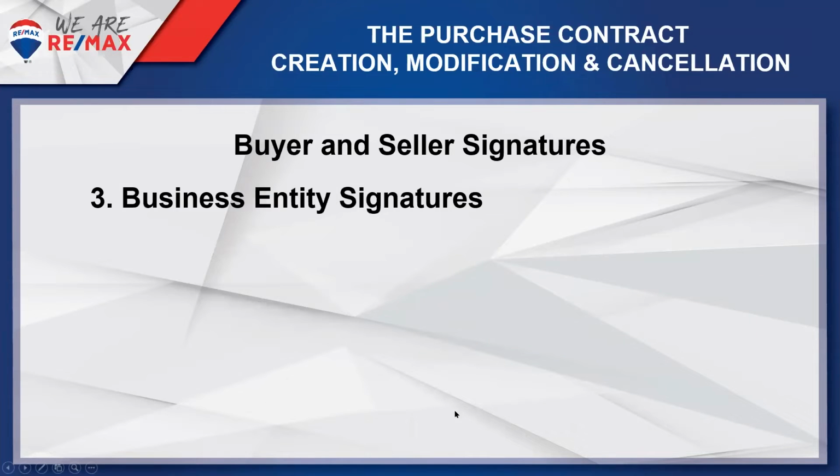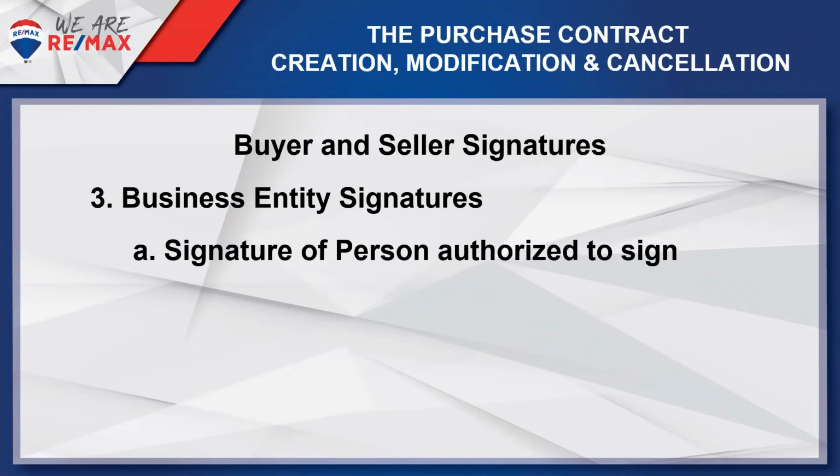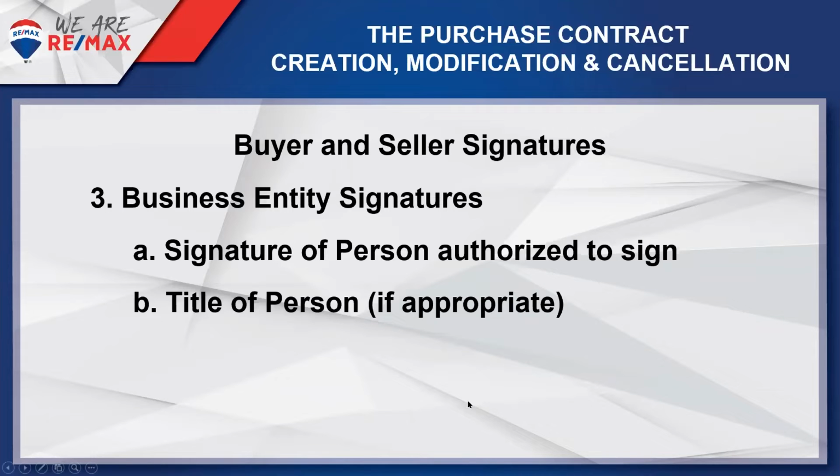All right. Business entity signatures, just like trusts, a human being has to sign for a business entity. A business entity can't sign. It doesn't have hands. It can't pick up a pen. So the signature of the person authorized to sign, and then the title of that person, if appropriate. So that would be how a signature would look on, say, I like to use the example Qualcomm.